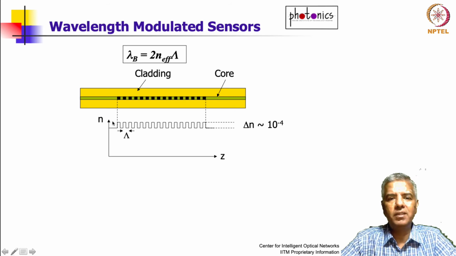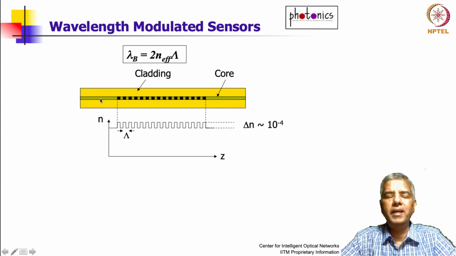What Bragg diffraction theory tells you is this will coherently cause interference for light in the opposite direction, and light whose wavelength is lambda b is going to be reflected from this point.